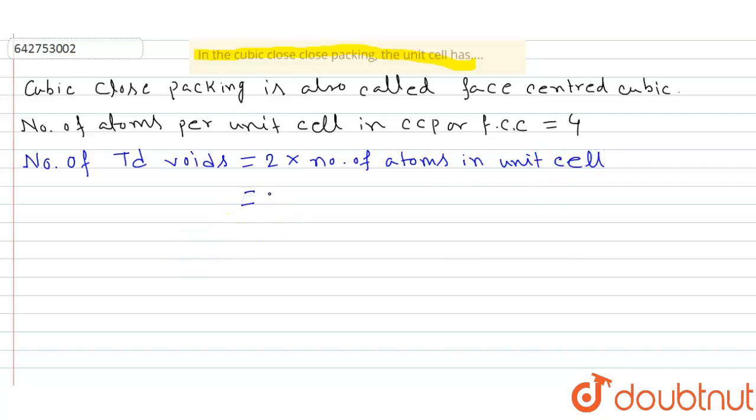Here number of atoms in the unit cell, that is 4. So number of tetrahedral voids, that is 2 into 4 equal to 8. So answer is, in the cubic close packing the unit cell has 8 tetrahedral voids within the unit cell.